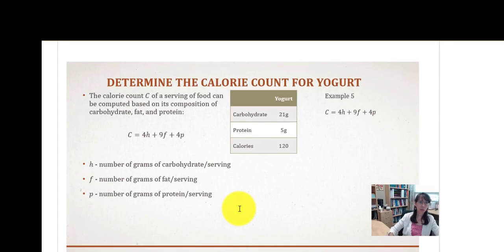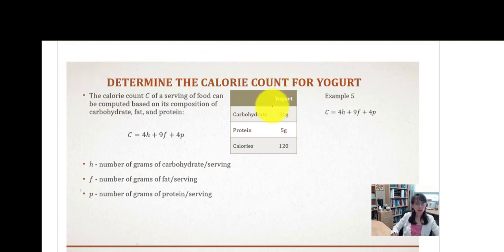And our last example today, just to show you another format of how a problem might be presented to you, and that's in table format. But we're still given the value of some of the variables. We're using the same literal equation. Carbohydrates are 21 grams for yogurt.